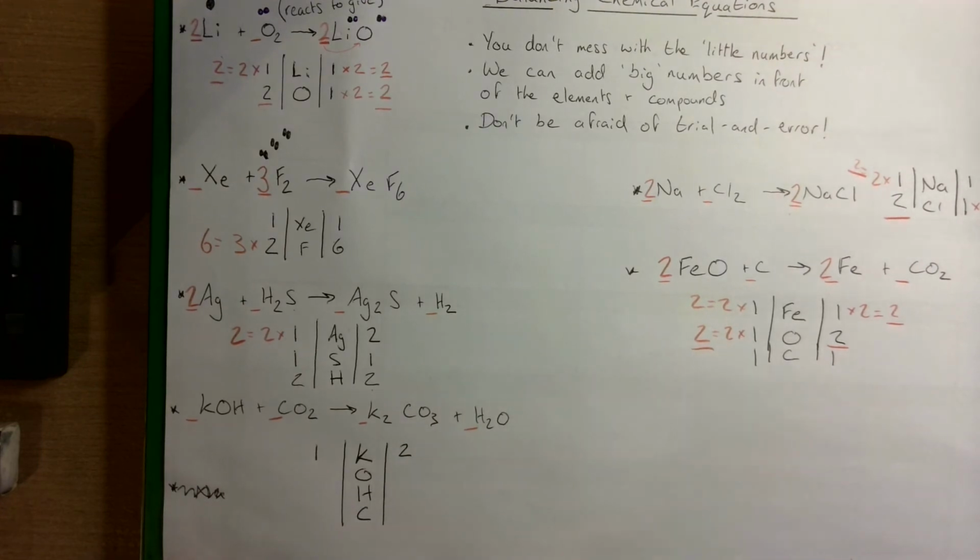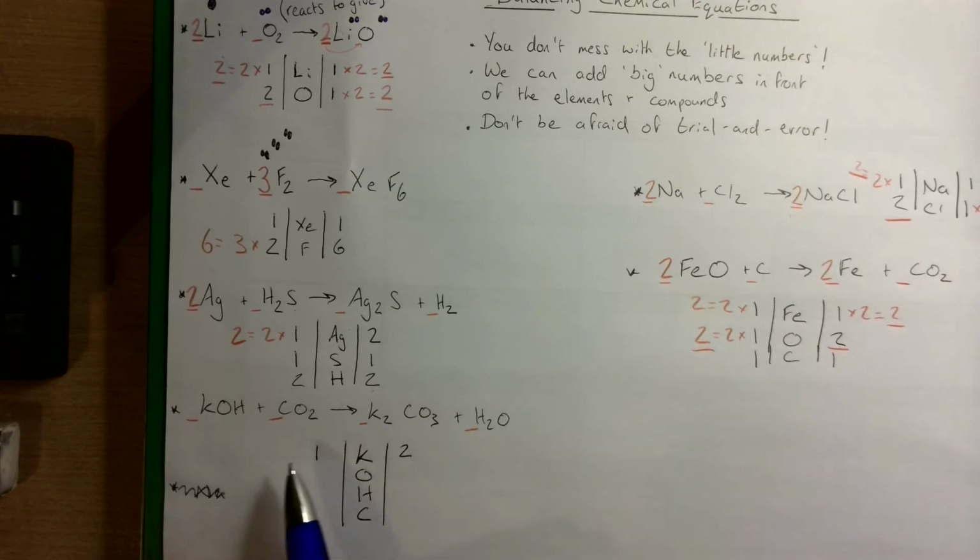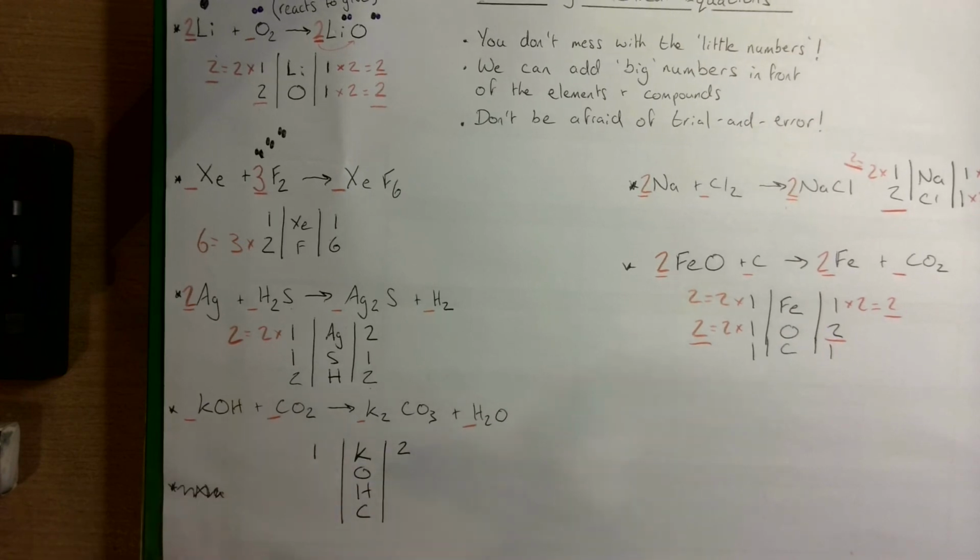Okay, what I want you to draw your attention to now is the fact that when we're looking at oxygen, all of the compounds here, all 4 compounds actually have oxygen in them. So we're not just looking at oxygen in one of these compounds on either side, we're having to think about the fact that there are different compounds to think about.